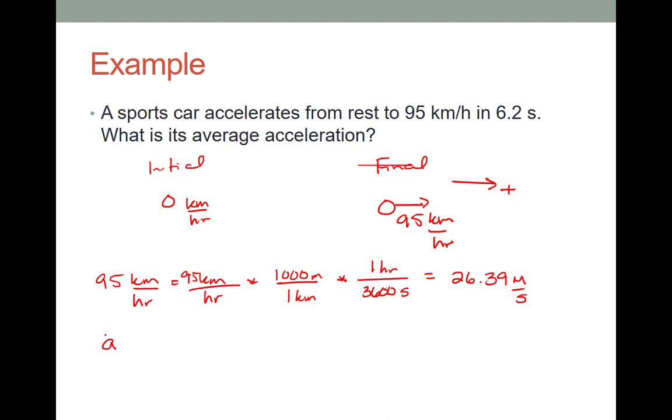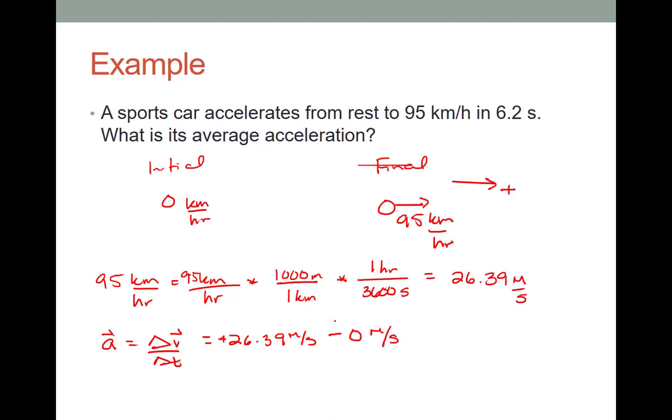I can now calculate my acceleration by taking the change in velocity over the time interval. My change in velocity is my final velocity, which is in my positive direction, so I'm going to stick a positive sign there, minus my initial velocity.